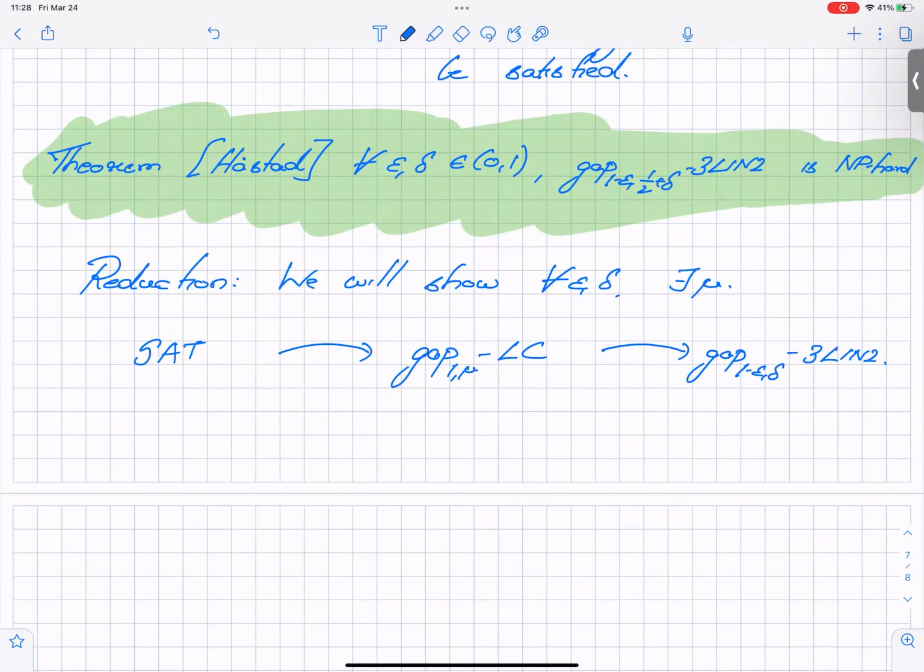So I want to get some gap (1 minus epsilon, half plus delta). To get this, there will be a label cover with a particular soundness mu that I want. So this result will prove it for all constant epsilons and deltas. Is the label cover with binary alphabet? No. To get soundness mu, I have to do parallel repetition, so it will be the corresponding alphabet given by parallel repetition. And at the end, you will get gap (1 minus epsilon, half plus delta).